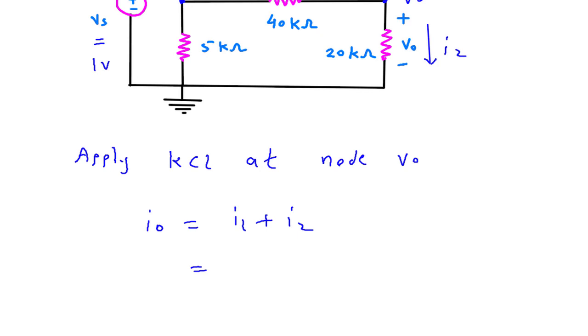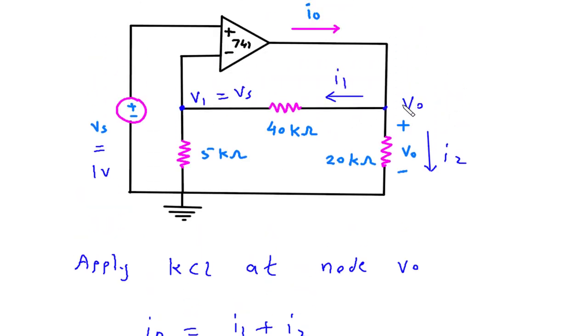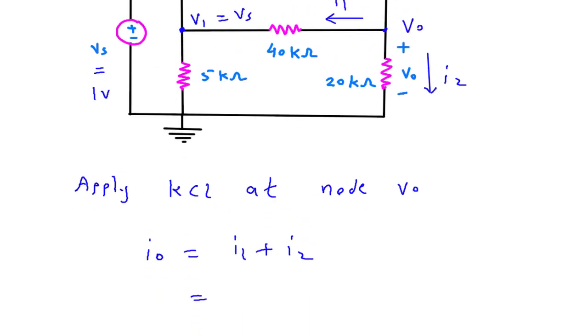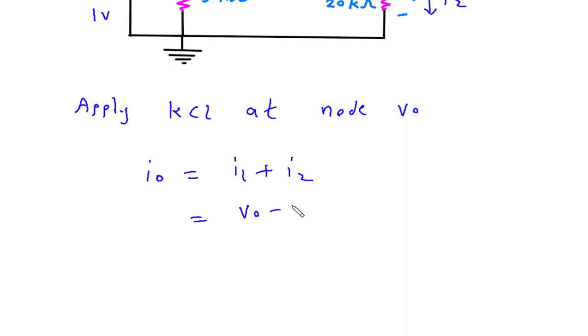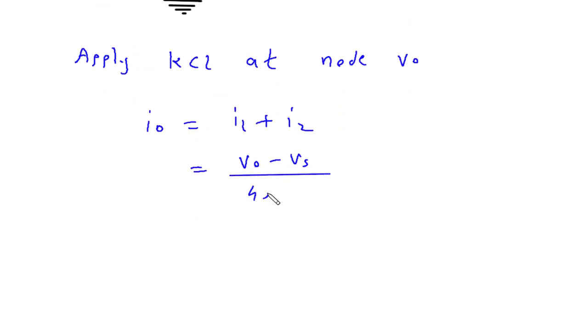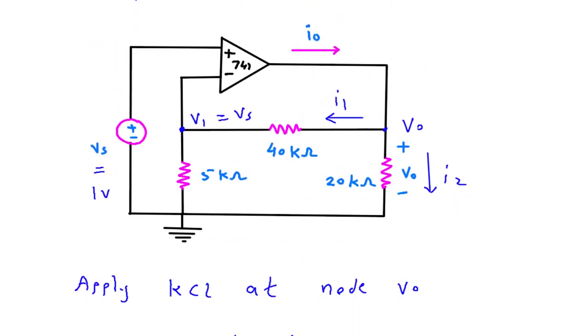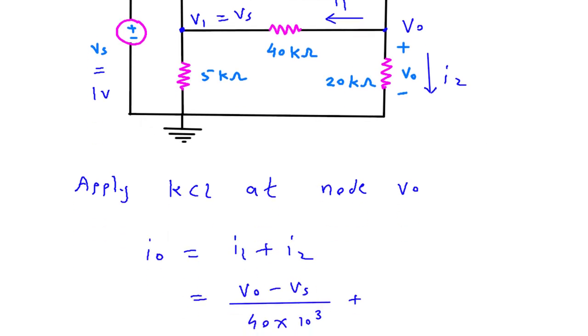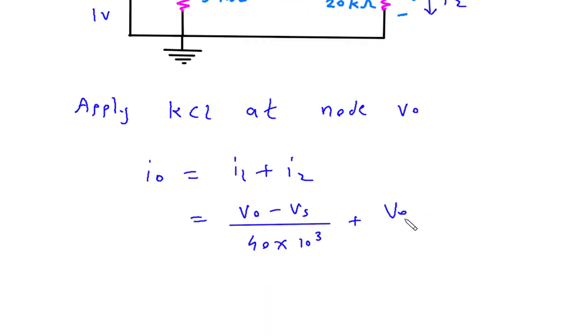Now I1 is VO minus VS divided by 40 kilo ohm, so 40 into 10 to the power 3, plus I2. Now I2 is VO minus 0 by 20 kilo ohm.